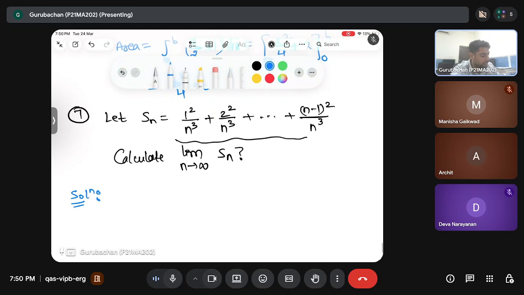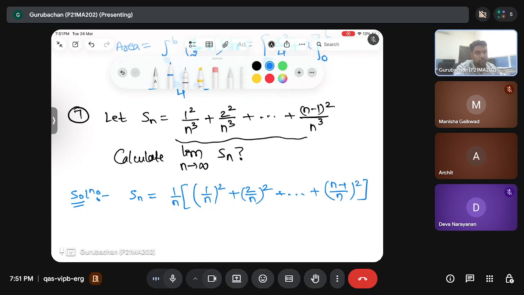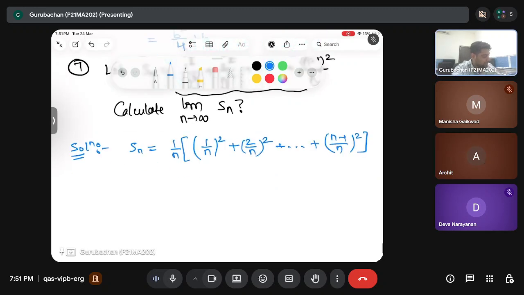If you observe, you can write this Sn as 1 by n times, if you take common, 1 by n square, 2 by n square, and up to (n minus 1) by n square. Clear? Yes, sir. So if you write like this, observe: does this look like some form of integration? This is the partition length.